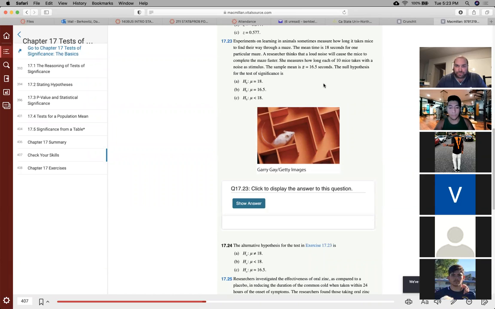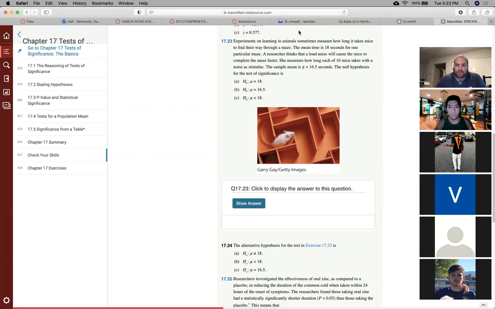Okay, first of all, the null hypothesis comes before you do a sample. 16.5 is your sample results. It has no bearing whatsoever on the null hypothesis or the alternative hypothesis. That's first of all. 16.5 is your sample outcome.